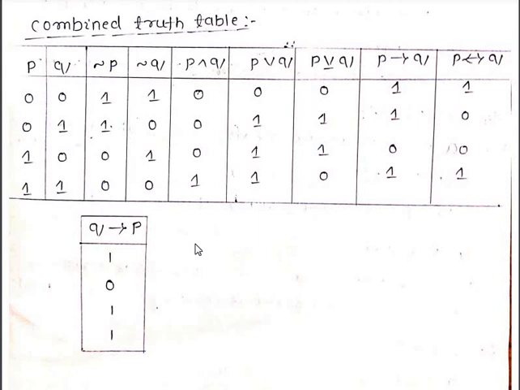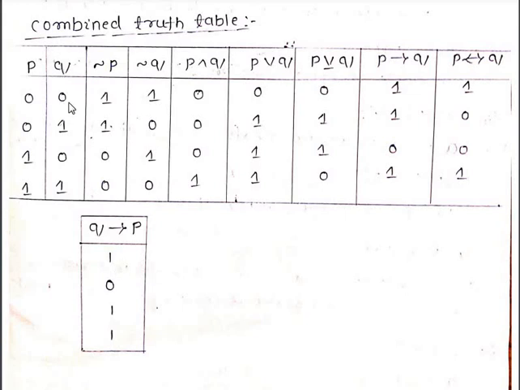Biconditional of P and Q: if both the values are the same, then only it will give you 1. So P Q as 0 0 will be 1, P Q as 1 1 will be 1. In other cases it is 0. Q implies P: if Q, then P. So let us check for that.